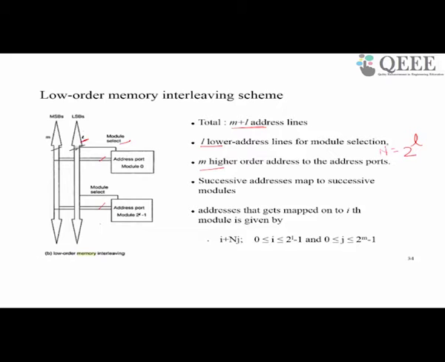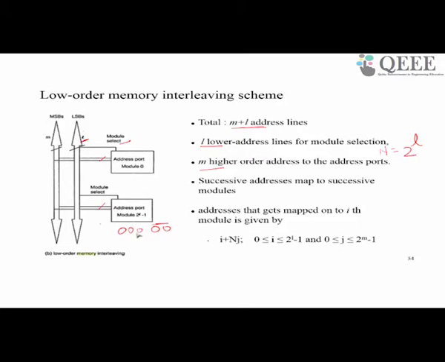Now if you look at this, the lower order lines are being used for the module selection. Let's take a simple example. Let us say you have a group of 5 lines. We will take the lower order lines for the purpose of module selection.